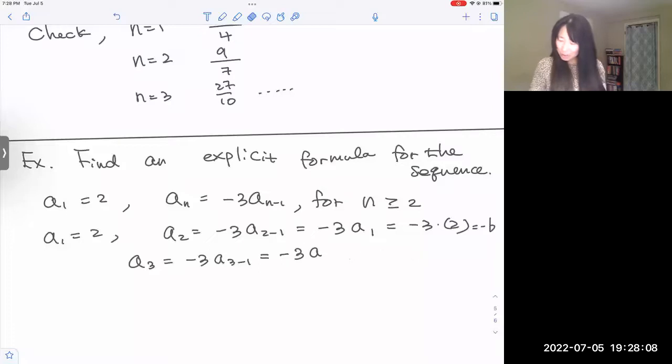It's a sub 2, so negative 3 times negative 6. Wouldn't the answer be 18? Positive 18, yes. Okay.